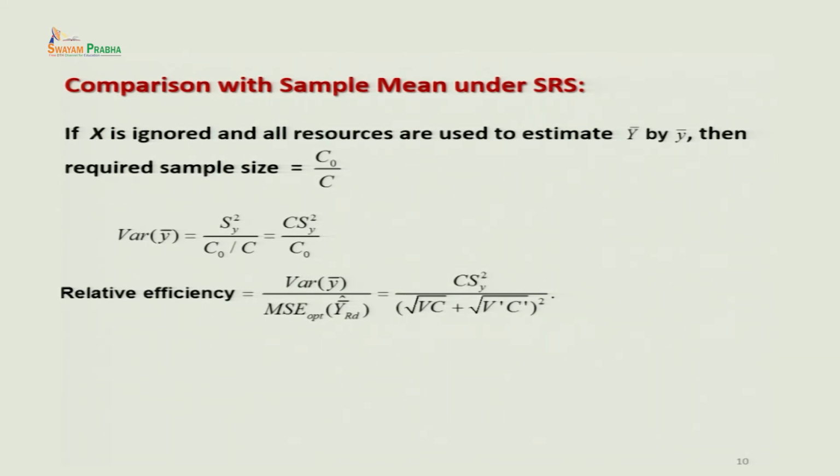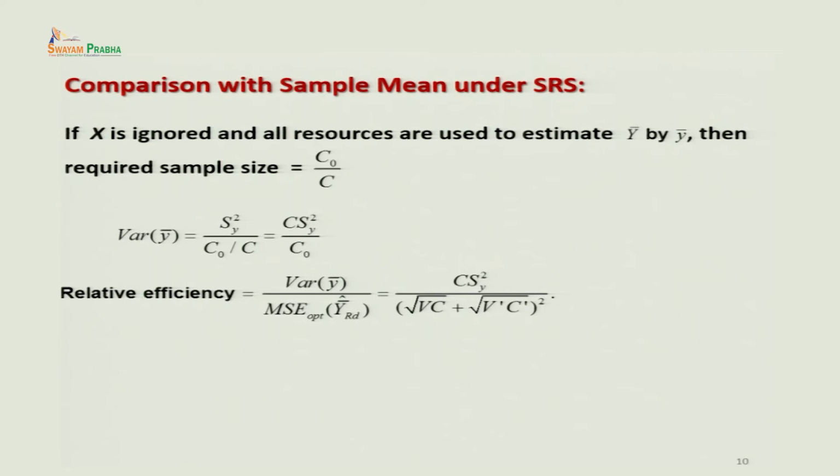When capital X bar is unknown, an unbiased estimator of the population mean under simple random sampling will simply be the arithmetic mean of the sample observations y1, y2, yn.